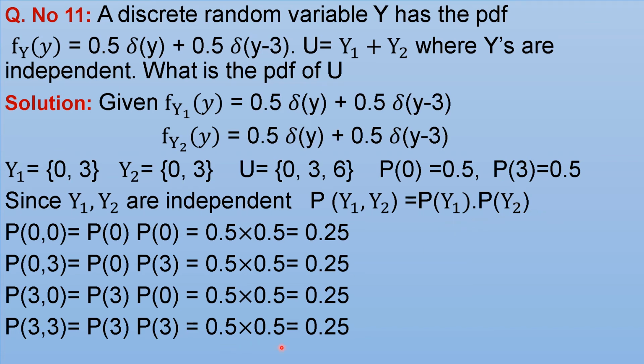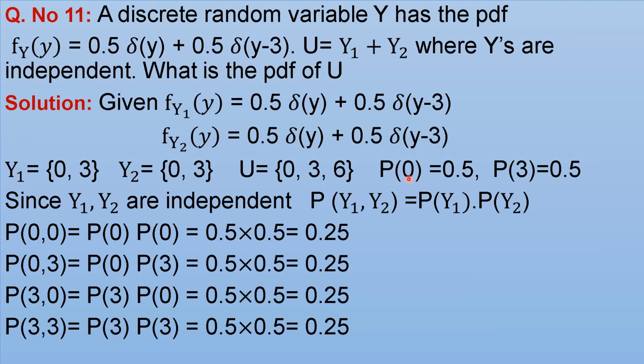Now the probability that u will be 0. Sum u will be 0 only when y1 and y2 both are zeros. Sum u will be 3 when y1 is 0 and y2 is 3, or y1 is 3 and y2 is 0. The sum u will be 6 only when y1 and y2 both are equal to 3, because u is the sum y1 plus y2.